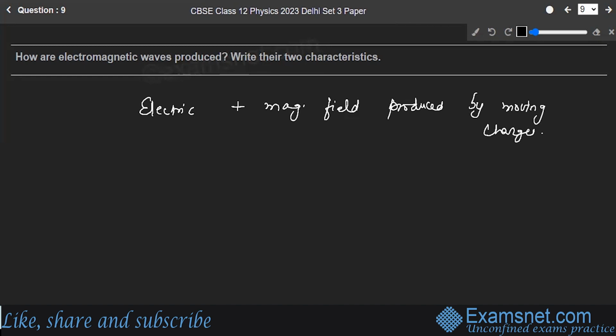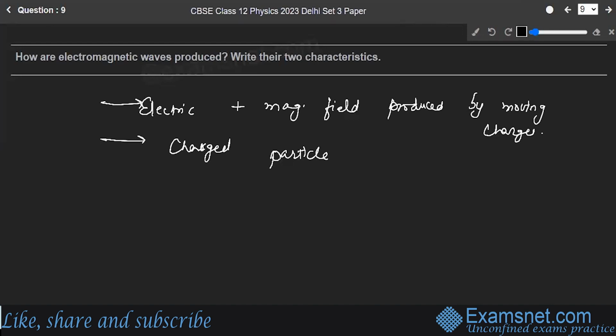The creation of all electromagnetic waves begins with the charged particle only.